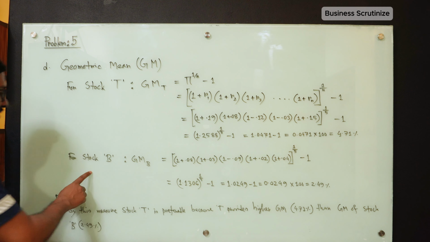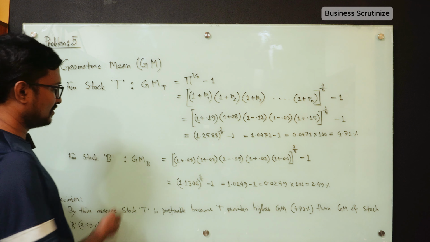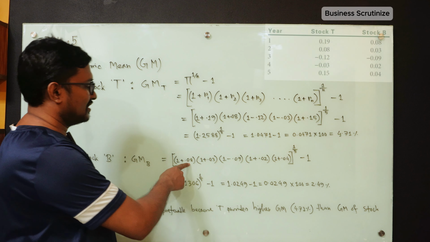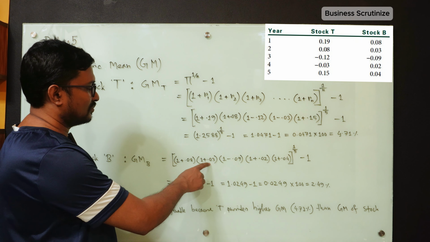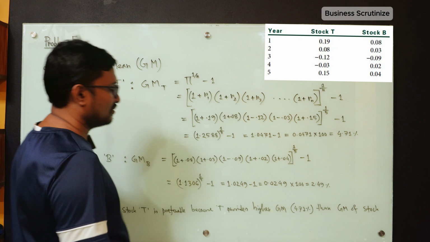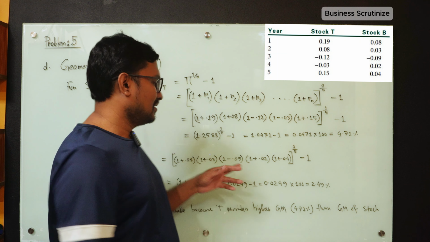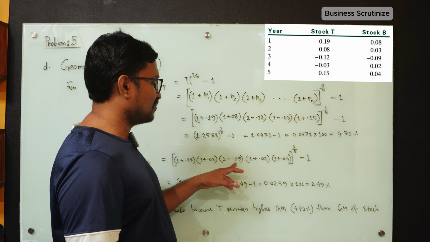For stock B, we have to compute a very similar thing, the geometric mean. Here, for the first-year return we input 1 plus 0.08, then next year 1 plus 0.03, and in the third year we have a negative return, so we subtract from 1, so 1 minus 0.09.